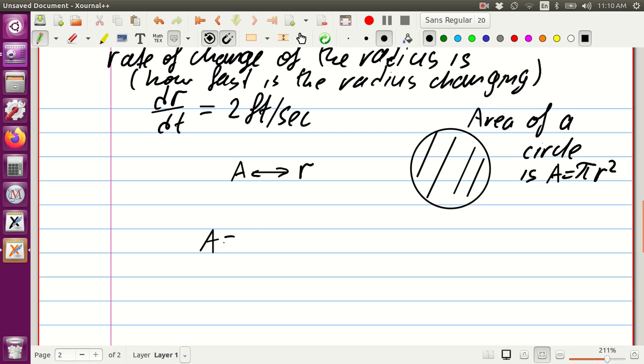If we write A equals pi r squared, A is a function of time, which means it changes with time. And radius is also a function of time.